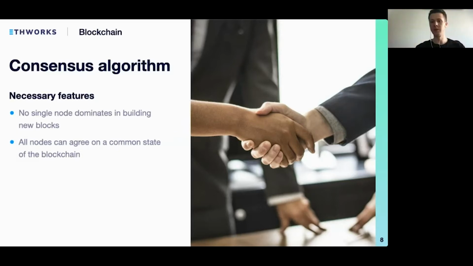We need a way to tell what the common state is among all of the actors. The second necessary feature of this algorithm is that no single node of the network can dominate building new blocks. So no single node can take control over the network.